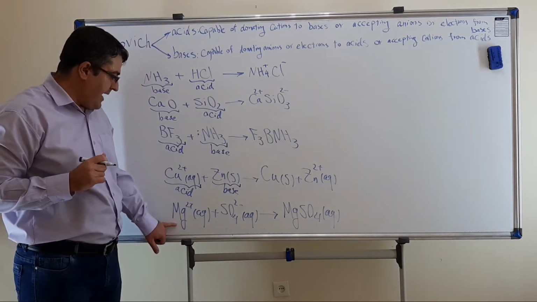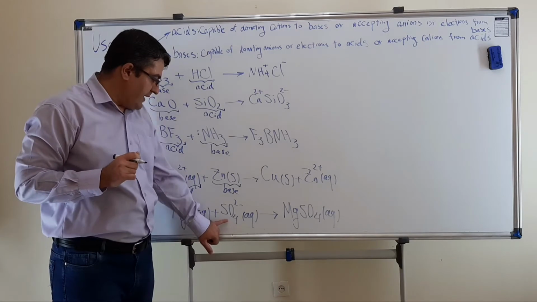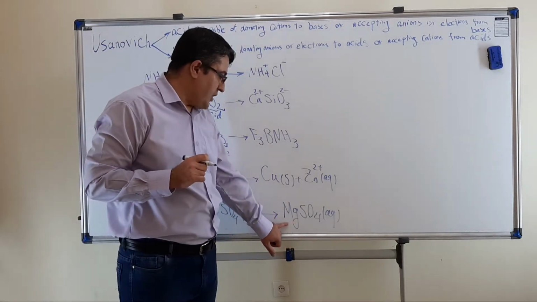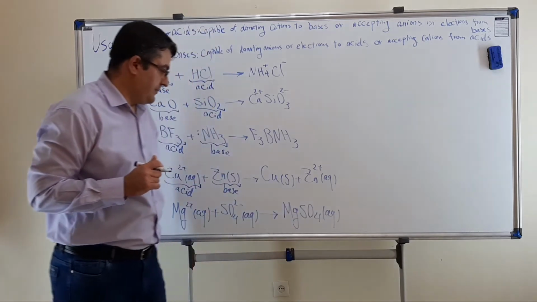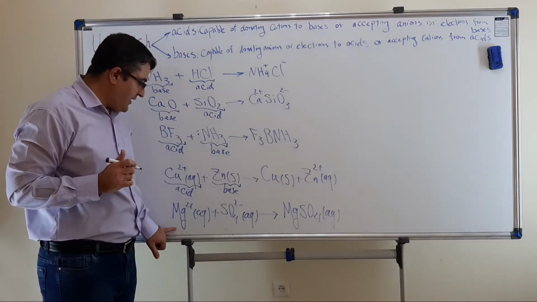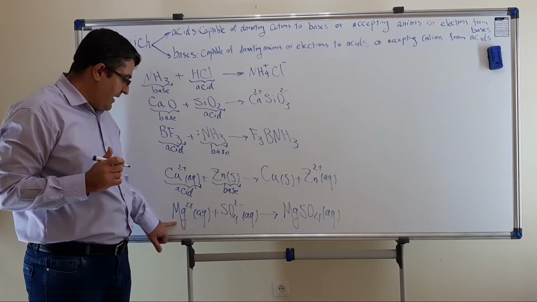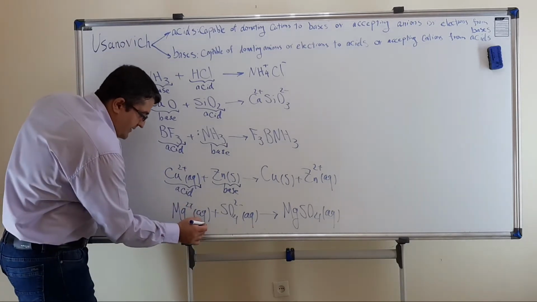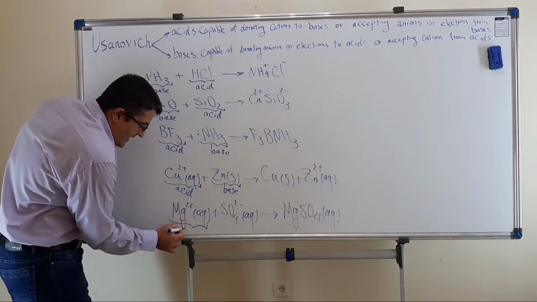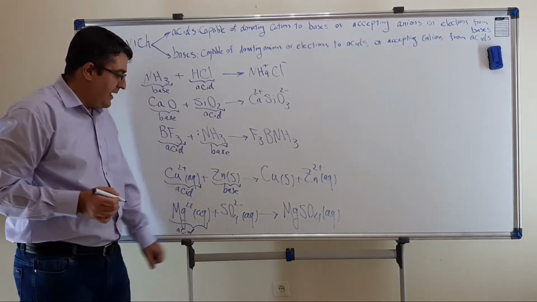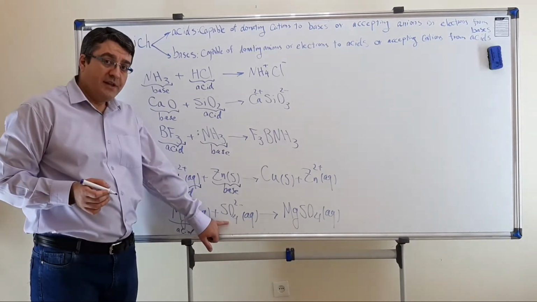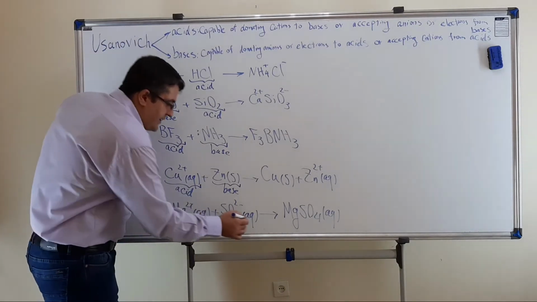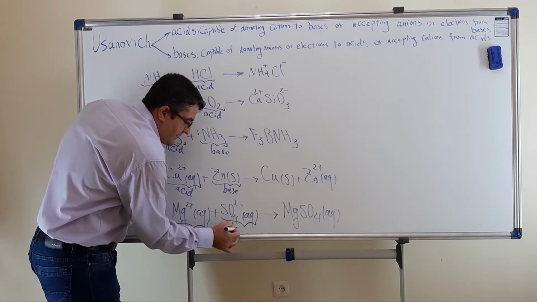The magnesium cation and sulfate anion combine with each other to produce this ion pair in aqueous solution. In this reaction, magnesium accepts an anion, so it can be considered as a Usanovich acid. On the other hand, the sulfate anion accepts a cation, so this can be considered as a Usanovich base.